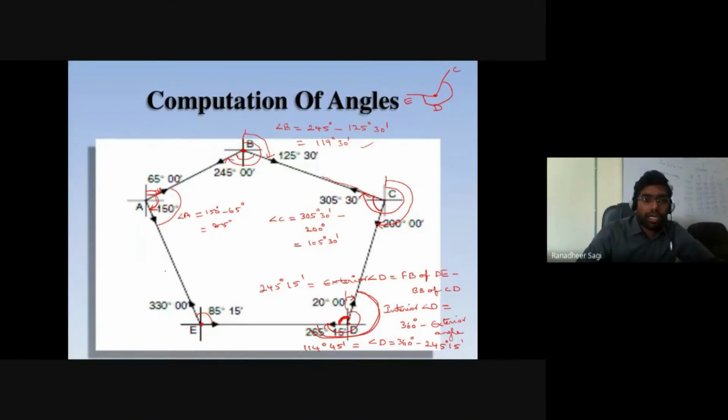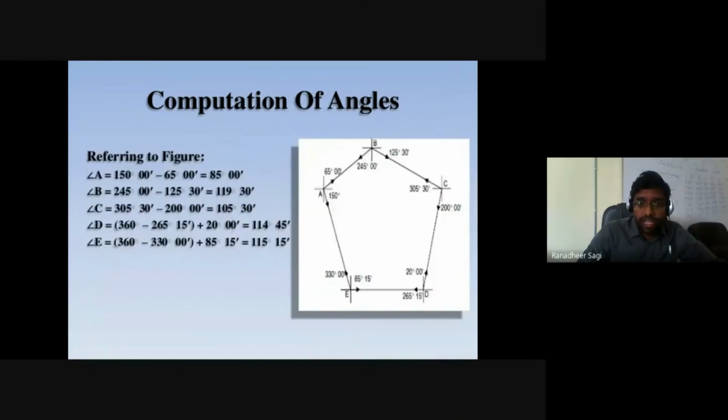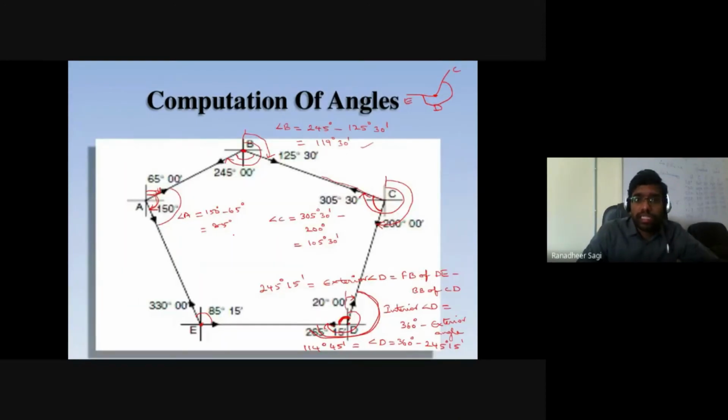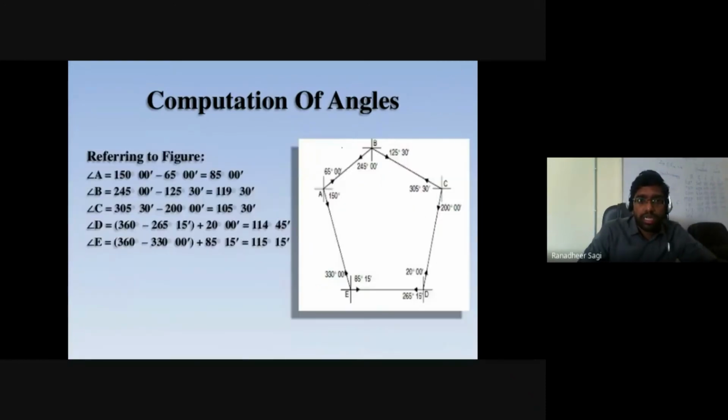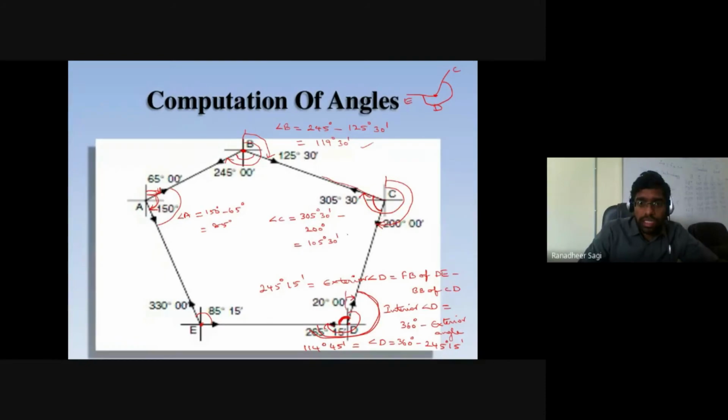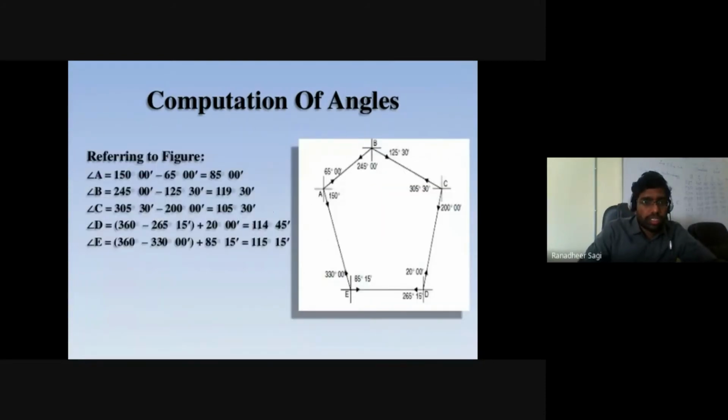Okay, so at station A we got the included angle as 85 degrees. Yeah, that's correct from the calculation. At station B the included angle we got is 119 degrees 30 minutes. Yeah, it's correct. At station C, the interior angle we got as 105 degrees 30 minutes. Yeah, it is correct.